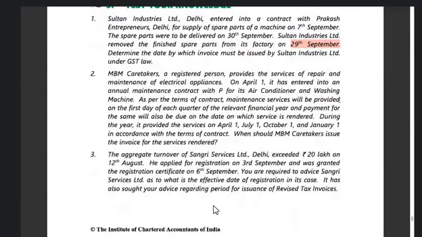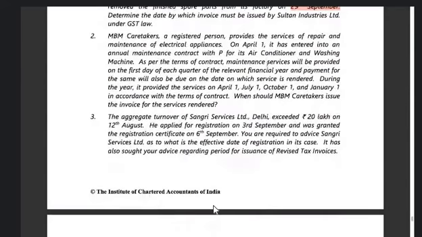MBM caretakers, a registered person, provides the services of repair and maintenance of electrical appliances. On April 1st, it has entered into an annual maintenance contract with P for its air conditioner and washing machine.